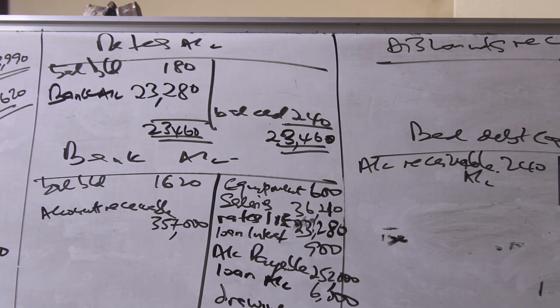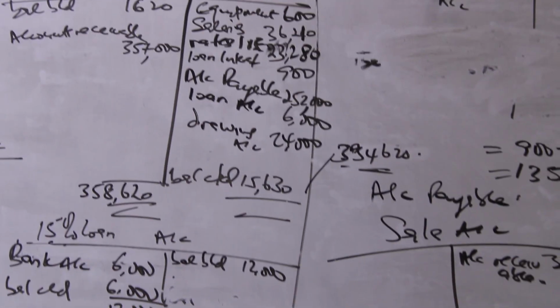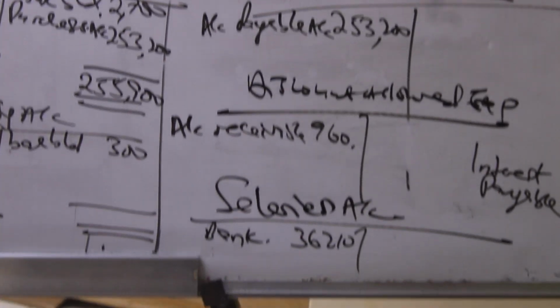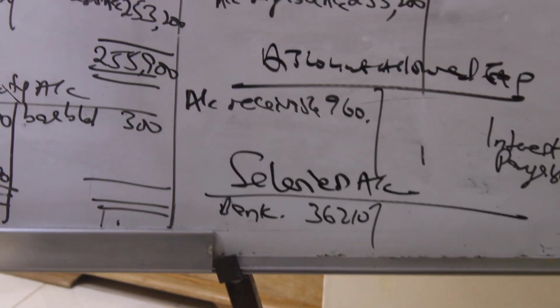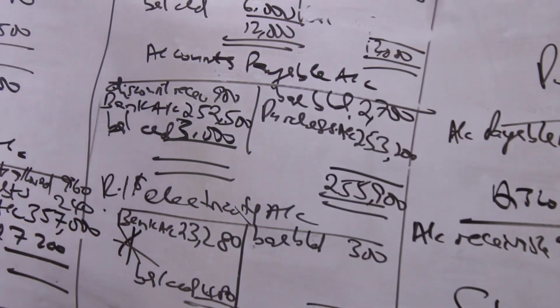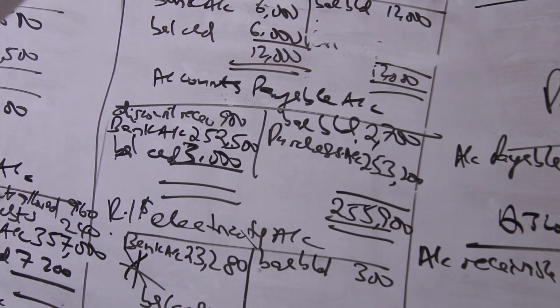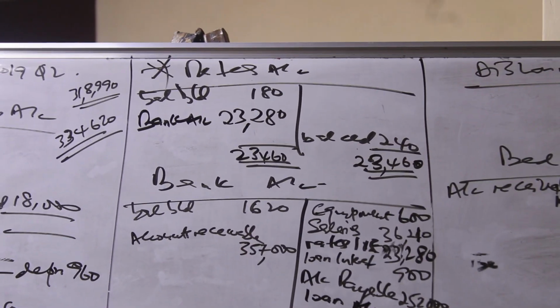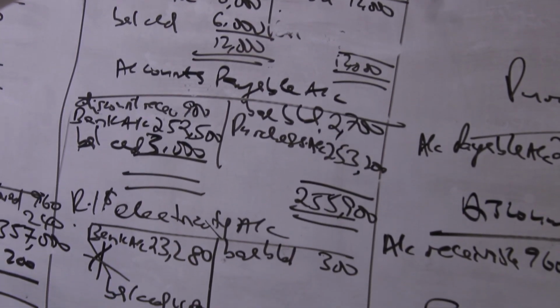Our balance brought down for rates is prepaid rates. Then here we are calling it electricity. Rates, insurance, and electricity. This account and this account are supposed to be combined. Prepaid rates.